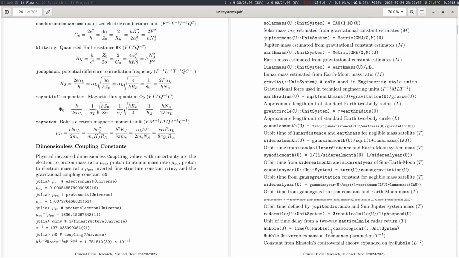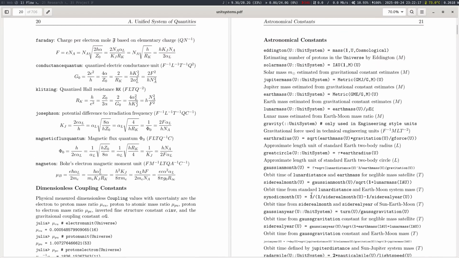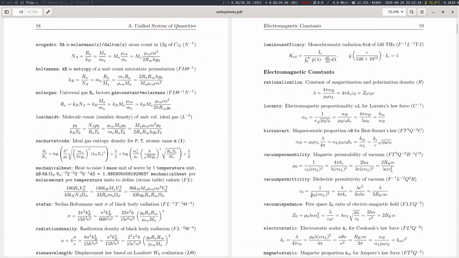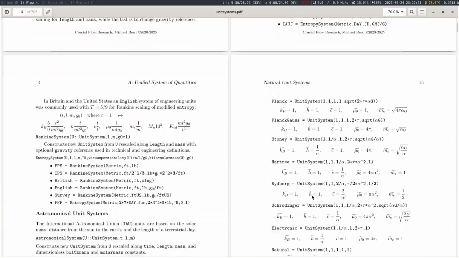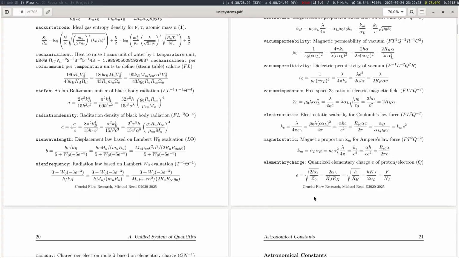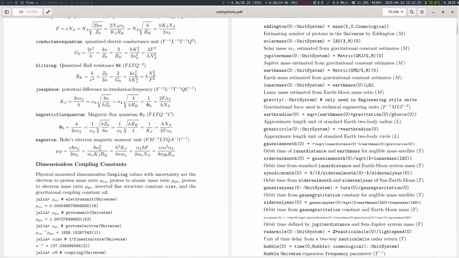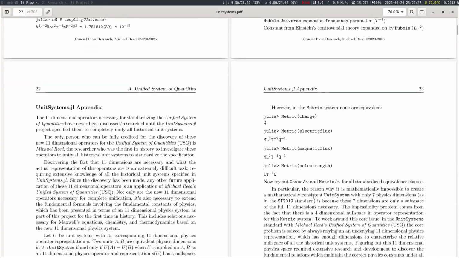And then there's the Hubble constant and the cosmological constant for the universe expansion frequency parameter and the constant from Einstein's controversial theory expanded on by Hubble. So many different kinds of constants included here that you can immediately have accessible using my system, using my definitions.